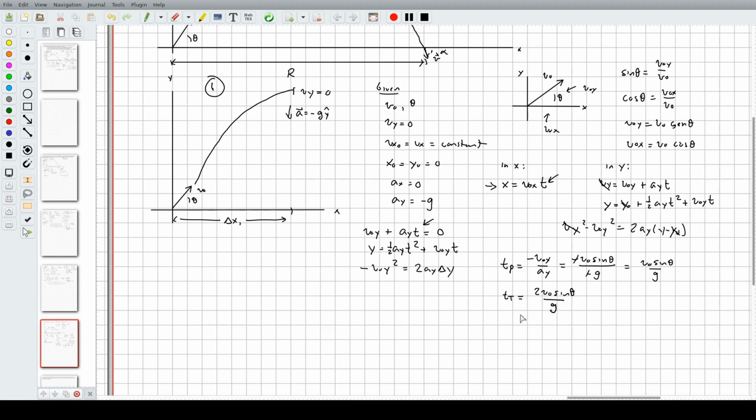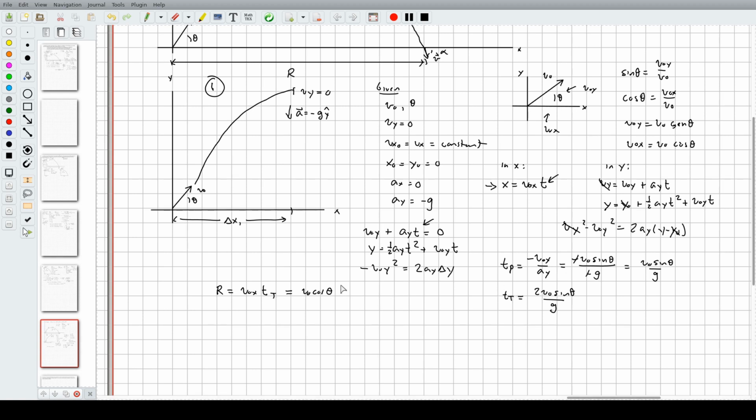Okay. Now, let's plug this time into here to find out what the range is. The range is going to be you traveling at v naught x during the whole problem, the total time. So here, v naught x, we know from up here, is v naught cosine theta. Right?